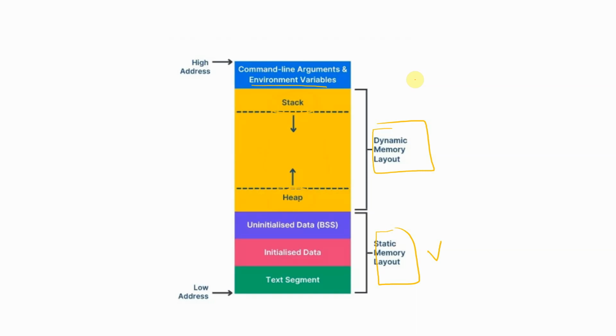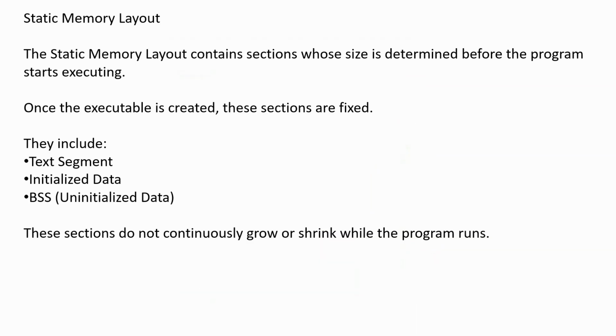Now let us try to understand what we mean by static memory layout, text segment, initialized data, and dynamic memory layout. As the name suggests, the static memory layout contains sections whose size is determined before the program starts executing. Static means it is not going to change.